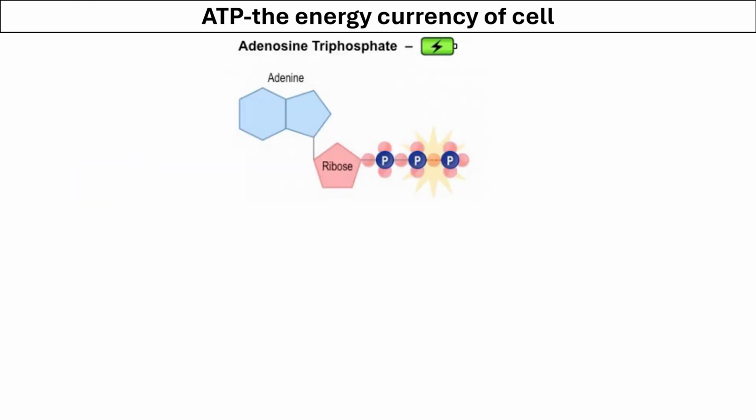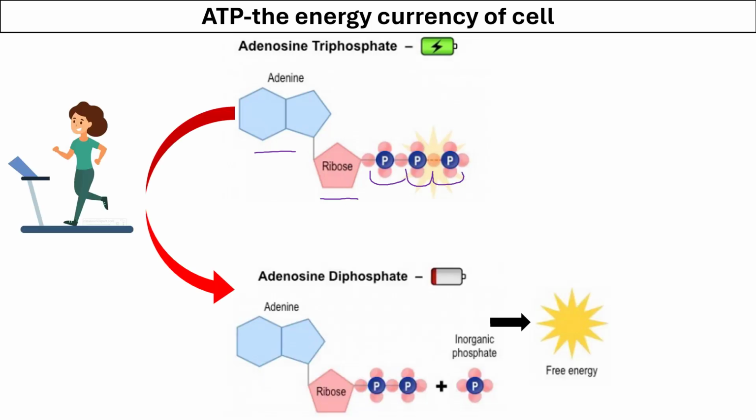What is ATP? ATP is a nucleotide that has a nitrogen base, adenine, a sugar molecule, ribose, and 3 high energy phosphate bonds. When the body performs some work, ATP is broken down into ADP.